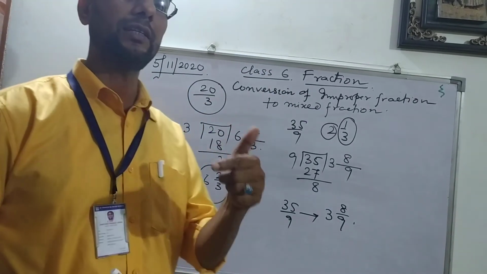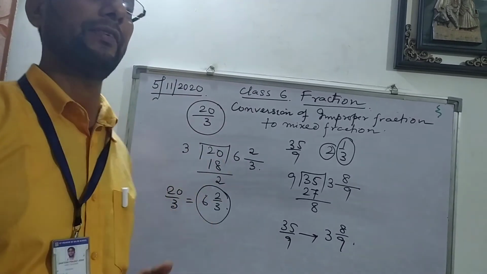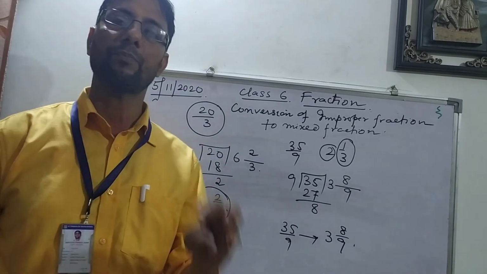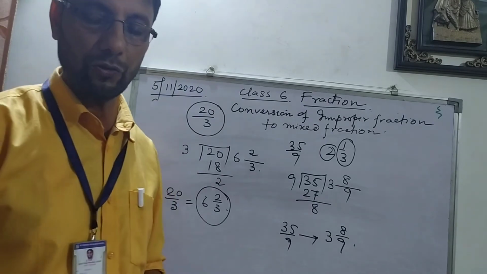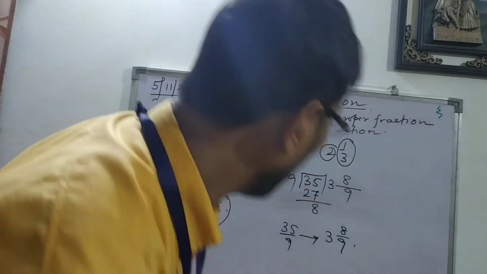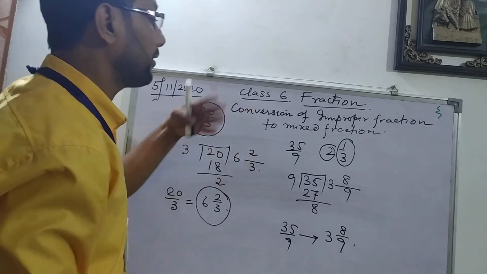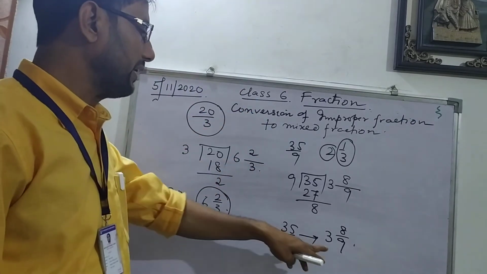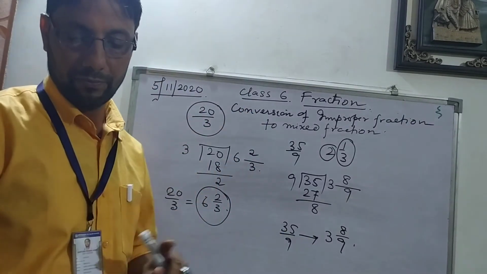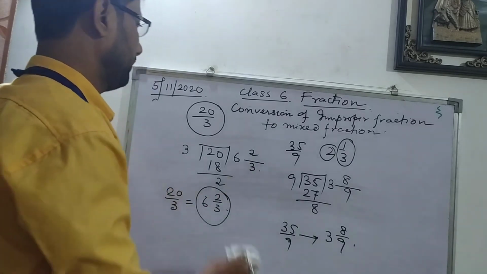So you have learned this in previous class also, in class 5, about proper fraction, improper fraction, mixed fraction. These all you have already learned. Now let us come to the next topic. Now we will do the reverse: how we convert a mixed fraction into an improper fraction.